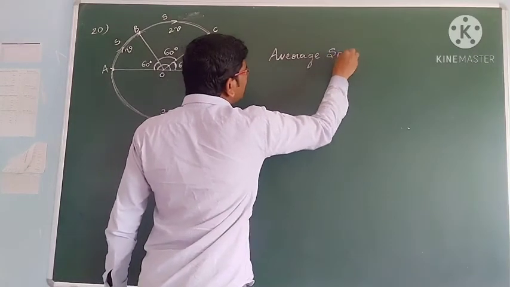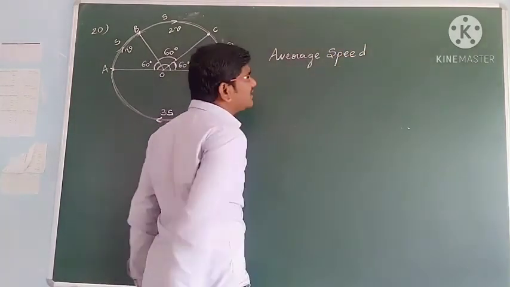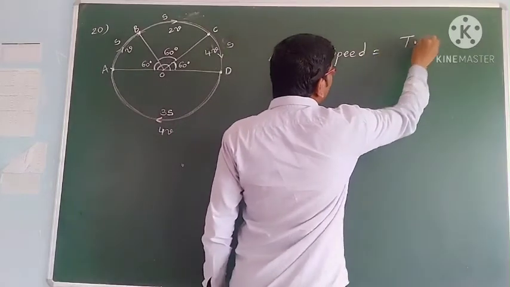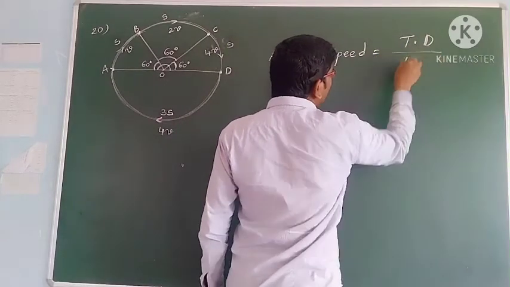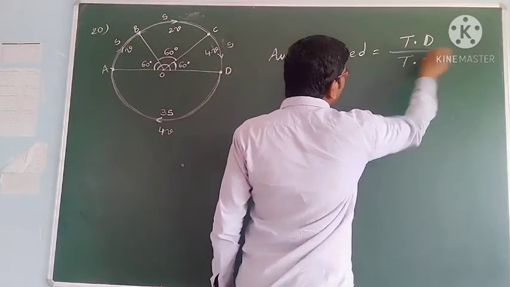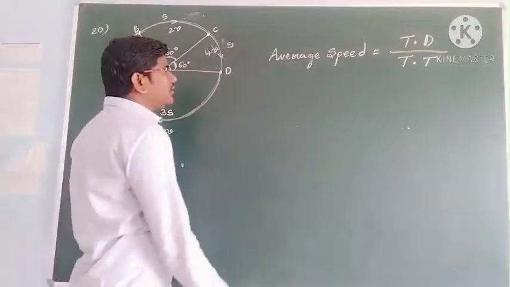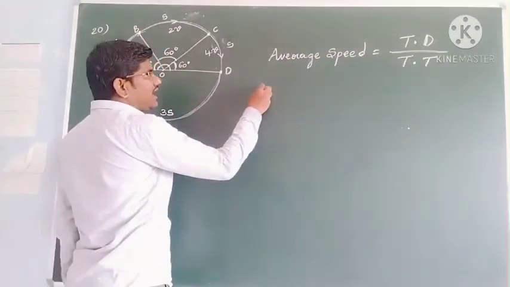Average speed is equal to total distance divided by total time taken. This is the formula for average speed that we know.